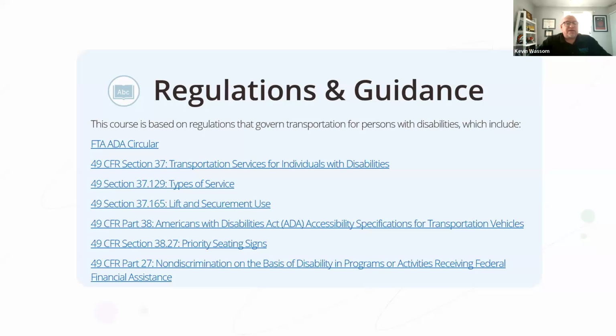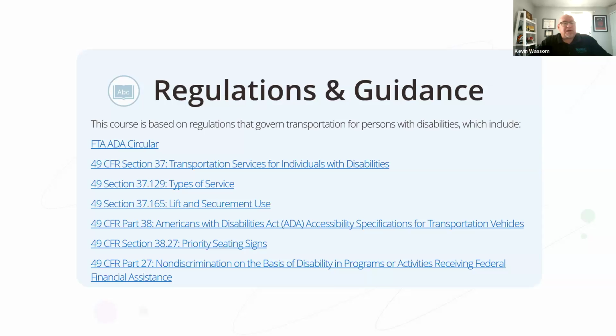Part 38 is a separate section. That's the ADA accessibility specs for transportation vehicles. This is regulation that tells transit agencies what their fleet must be comprised of, and other topics such as ADA equivalent service if you're buying inaccessible vehicles and things of that nature.